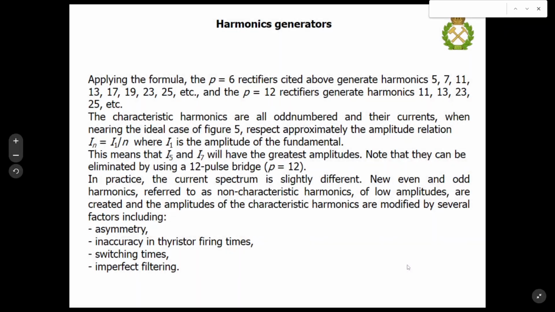And also we should take into account that we may meet other harmonics which are caused by the asymmetry and inaccuracy in thyristor firing times, inaccuracy in switching times of thyristors in power converters, and in other cases imperfect filtering.